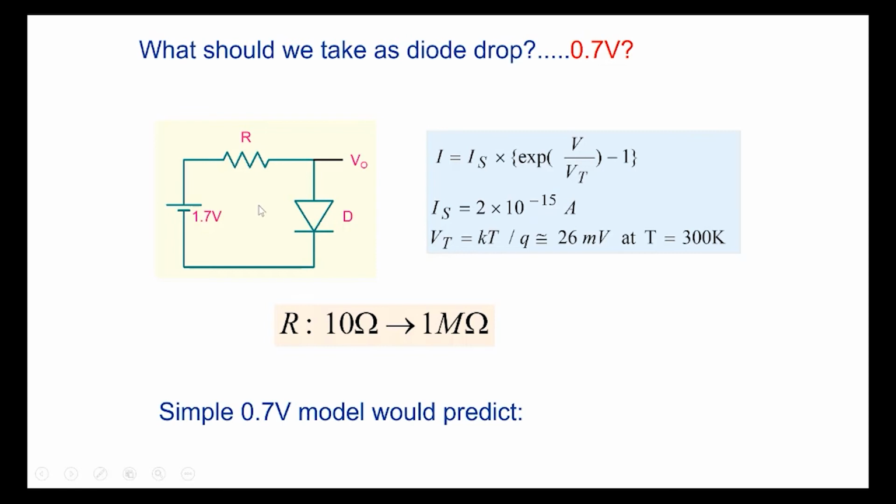With the simpler 0.7 volt model, the diode is forward biased, which simply gives current I equal to (1 volt) by R. So let's compare the current given by this model versus the current given by the accurate model.